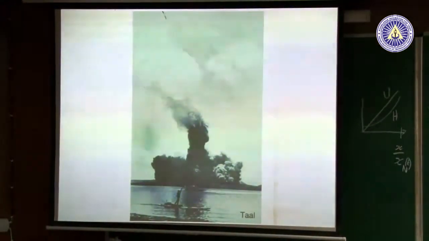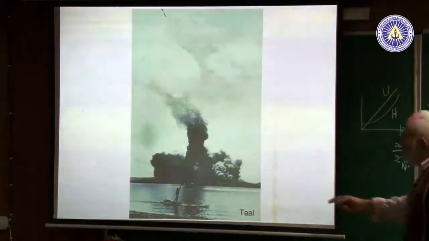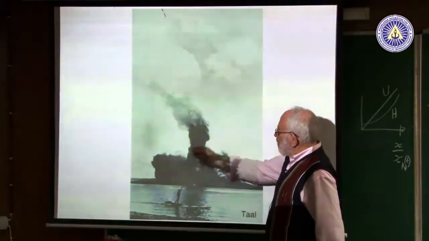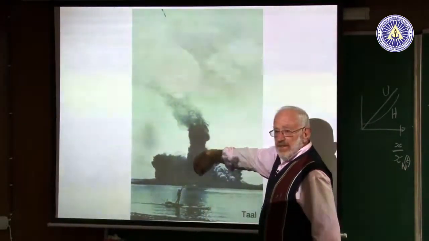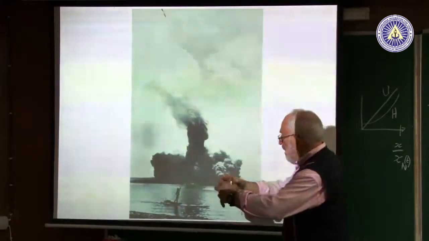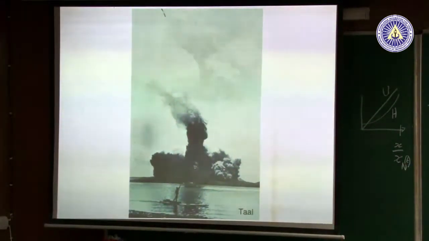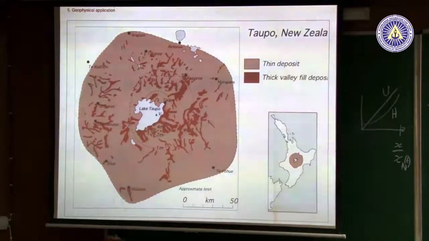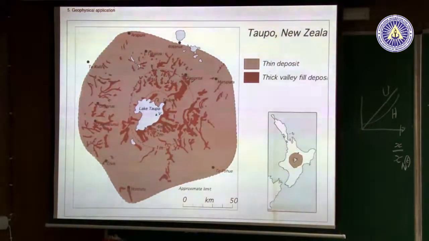This is another sort of gravity current, the eruption of Taupo in New Zealand, where there was a volcanic eruption. It produces a plume, but there are so many heavy particles that the whole thing has fallen down, and then it spreads. And now the interesting thing is, the greatest eruption in Taupo was something like 100 AD or something like that.